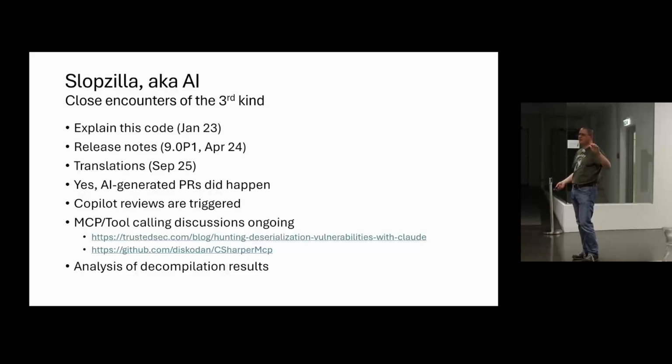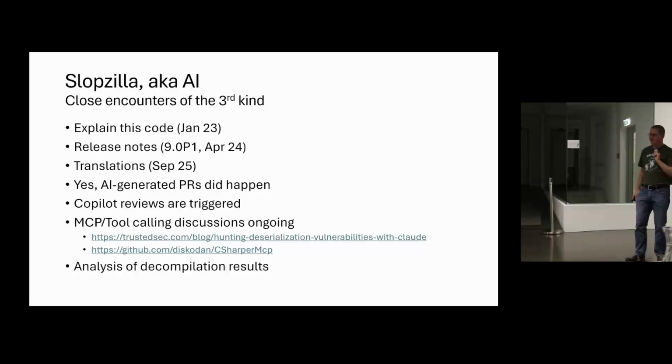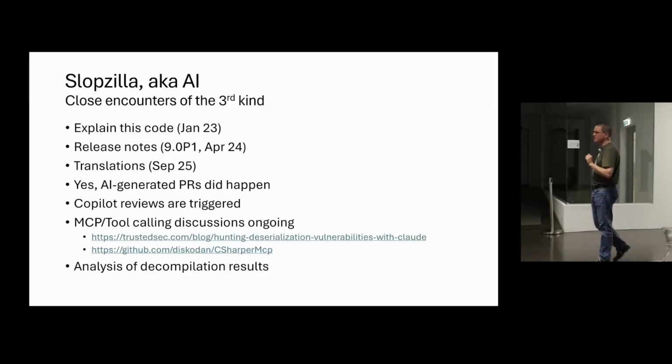Back in the day, it was a childish explanation that line by line explained something, which was pointless, so we shelved that. Then we thought, okay, writing the release notes is painful. Let's point ChatGPT to our commit history and let it write up the release notes.